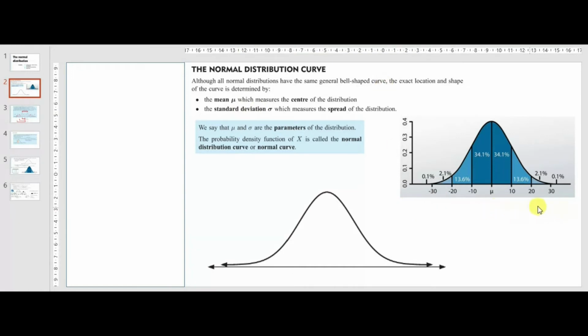So a normal distribution curve will be something like this. It's advisable to draw a quick sketch before you attempt questions, because then you understand the way the question can be interpreted, and that will help you to come up with your results.